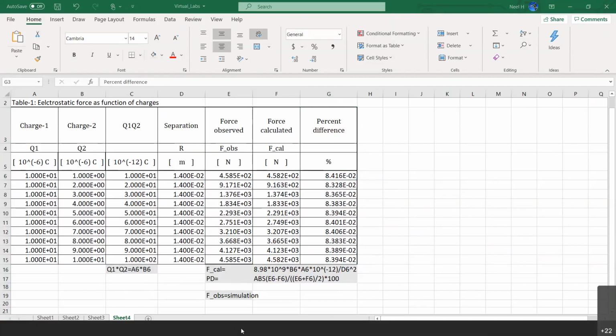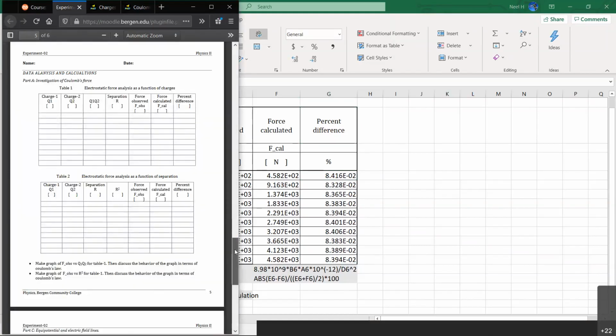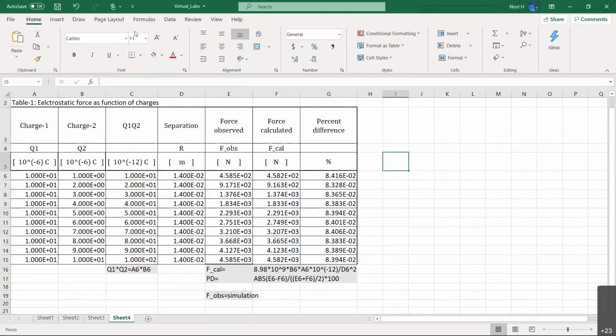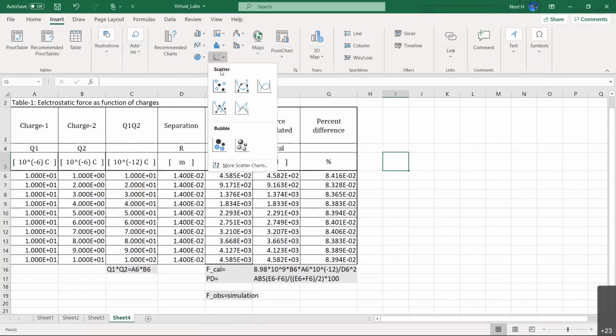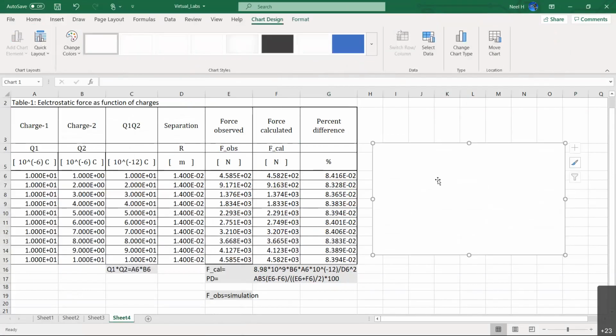Now in the procedure of this lab manual, it is asking you right here, there are a couple of questions attached to each table. Make a graph of force observed versus Q1 Q2 for table number 1, and then check whether it obeys Coulomb's law or not, right? So we can make a graph: click anywhere on this Excel sheet, insert, scatter plot, then you will see a graph page without anything.